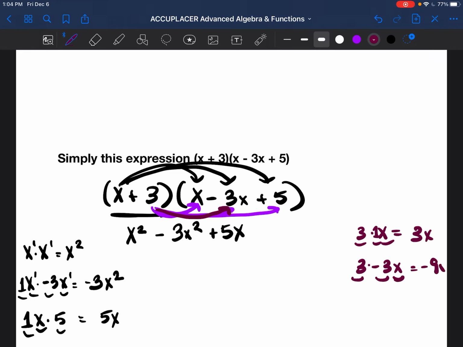There's nothing to multiply the x by, so we just bring it down. Negative 9x. And then we're going to do the last bit, which is 3 times 5. So 3 times 5 is 15.